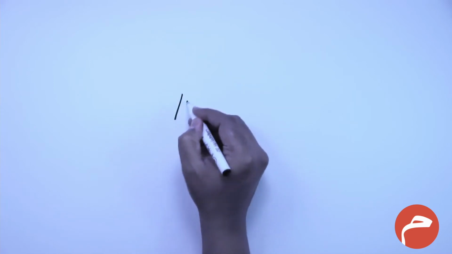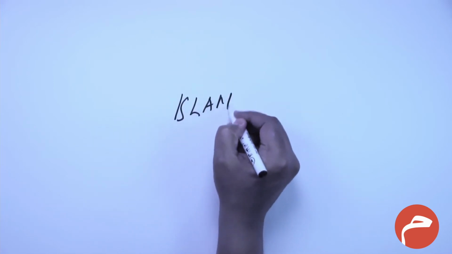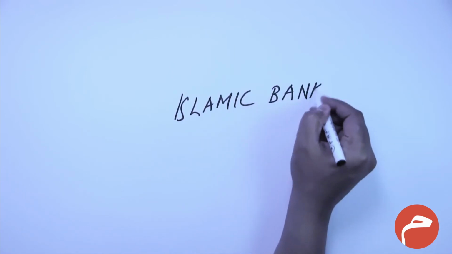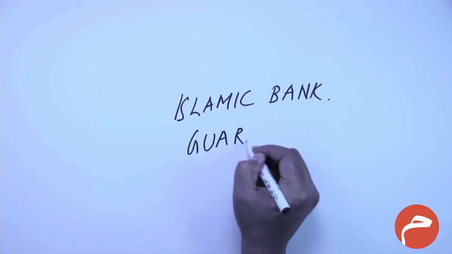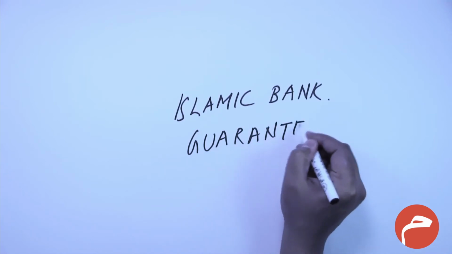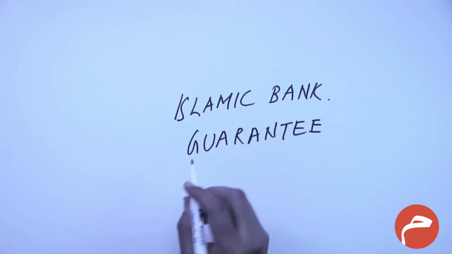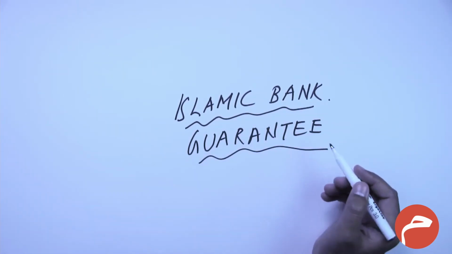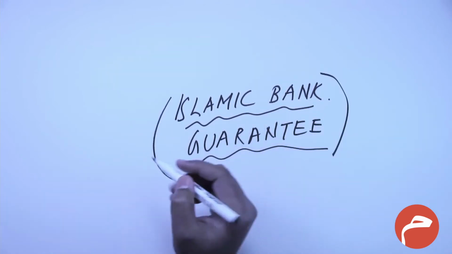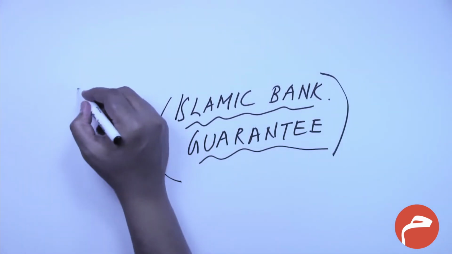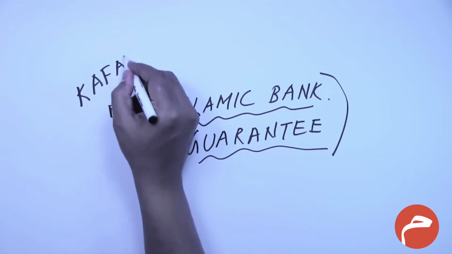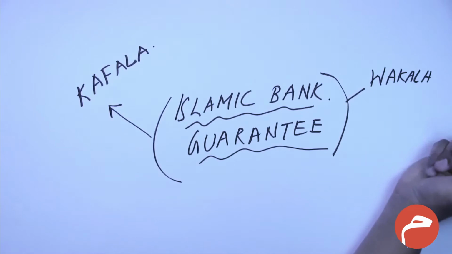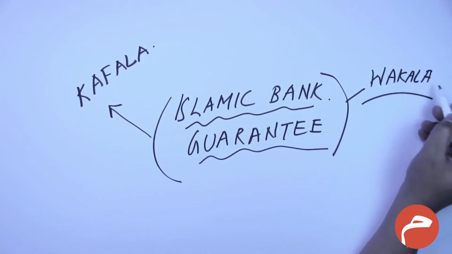The other structure which we were talking about is the Wakala structure. When I say Wakala, what it means is that the bank is acting just as an agent on behalf of the importer. But when a guarantee is being issued under a Wakala structure, what we are saying is that, for example, if the value of the machinery was $100 and the importer has to pay $100 to the exporter, and the importer has placed the $100 in his account with the bank, stating that on my behalf, please kindly make the payment to the exporter.